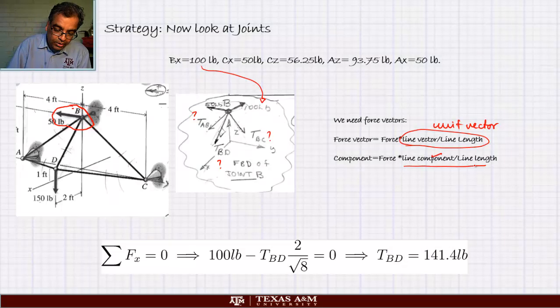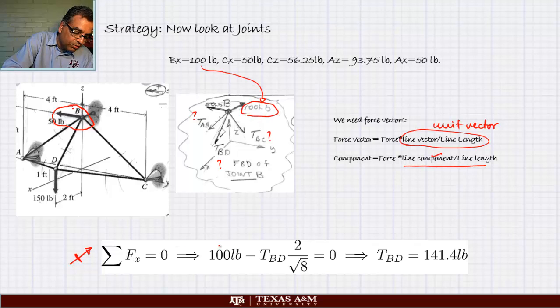Okay, so first thing I'm going to do is sum all the forces in the x direction. And I'm going to make this way positive. I'm deliberately choosing some funny direction to be positive because I want to show you that that doesn't matter as long as you are consistent. So if this way is positive, this is 100 pounds. These two don't have any component in the x direction because they are entirely in the YZ plane.